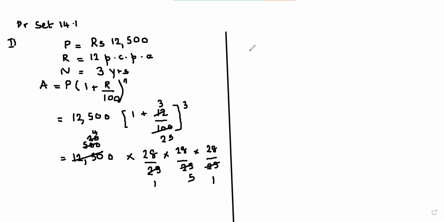So therefore amount is equal to 4 into 28 multiplied by 28 multiplied by 28 upon 5.